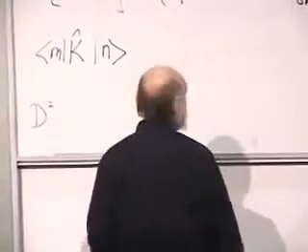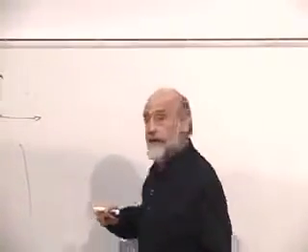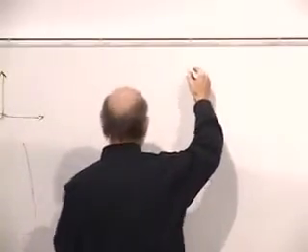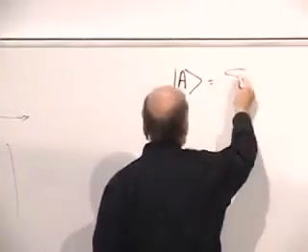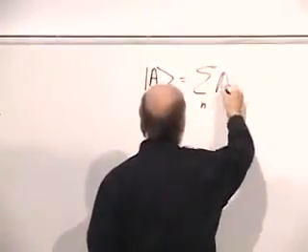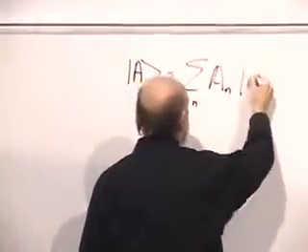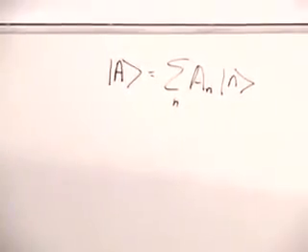Now, let me remind you about something else, about a basis. A basis has the property that you can expand any vector in it. You can take any vector, let's call it A, and write it as a sum over n of a set of coefficients, let's call them A sub n, times the basis vector n. We sum over the basis vectors.